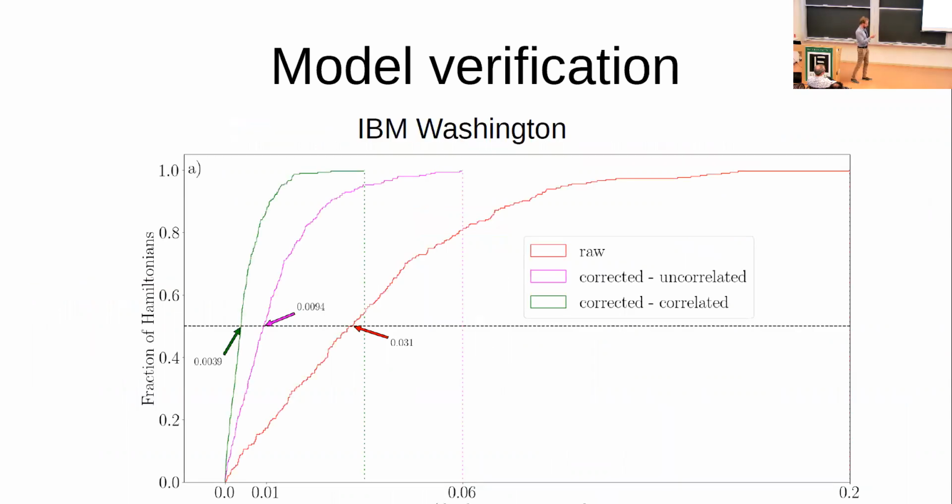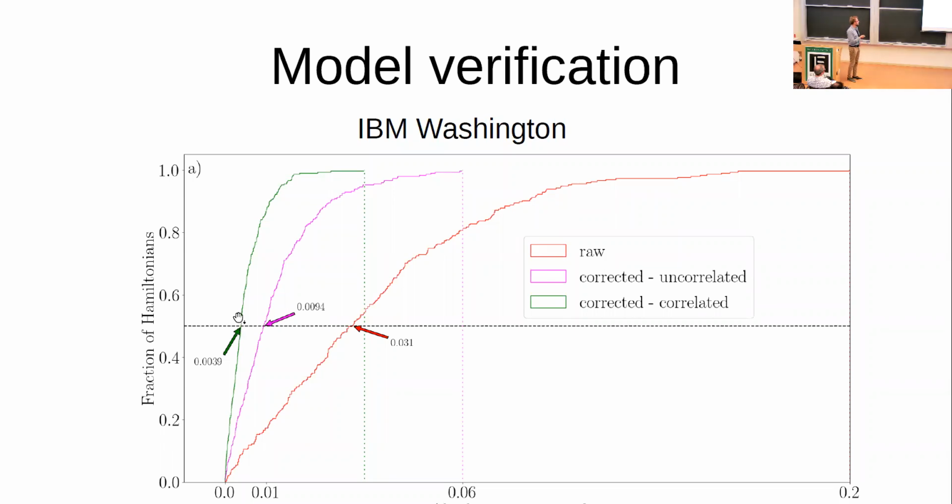So here are the results for IBM Washington. The green line corresponds to the procedure that I just described. The red line shows the unmitigated results. And this is again a cumulative histogram, because we chose a number of different Hamiltonians to see how the method performs. You can see that there is an improvement in doing this.